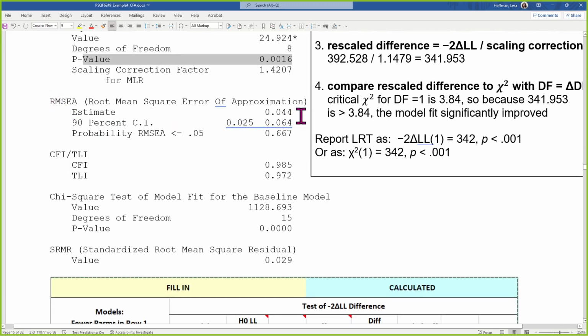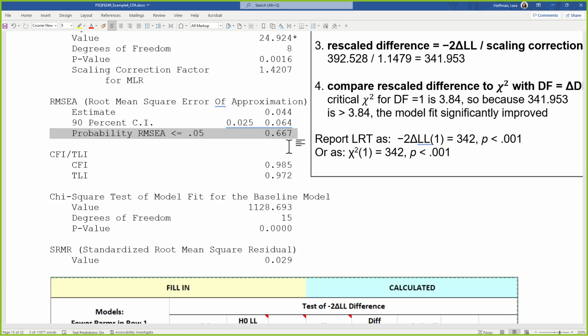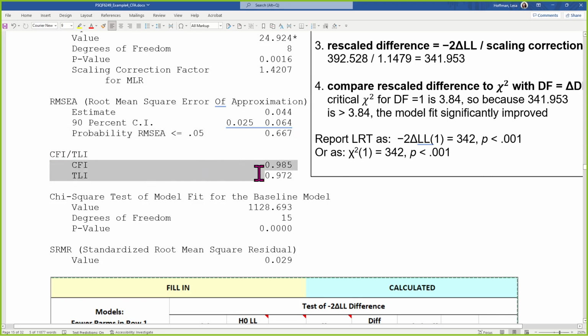RMSEA, what do you think? Good. Just barely, but look, close fit. So this is a p-value testing the hypothesis of close fit rather than perfect fit, and non-significant means it is close enough to close. How about CFI and TLI?